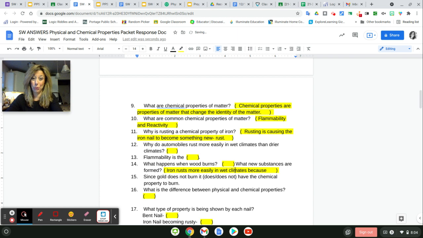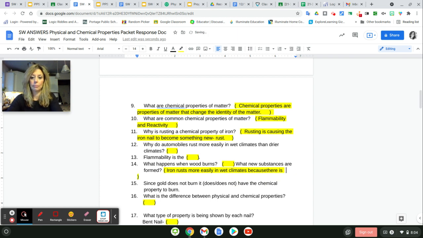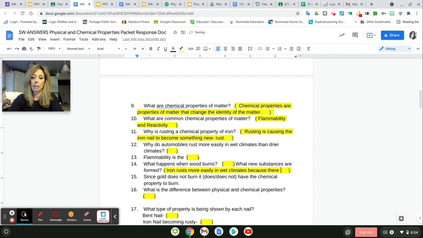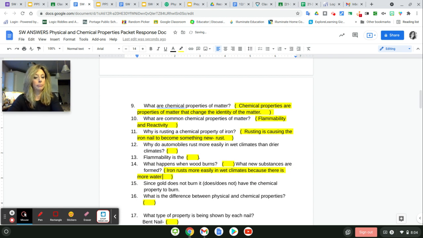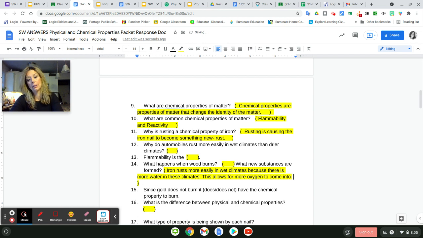So there's more water in wetter climates. Okay, this allows for more oxygen to come into contact with the metal to make it rust.